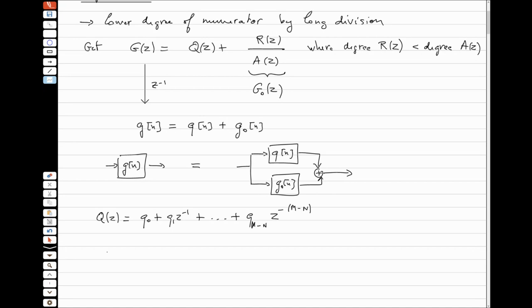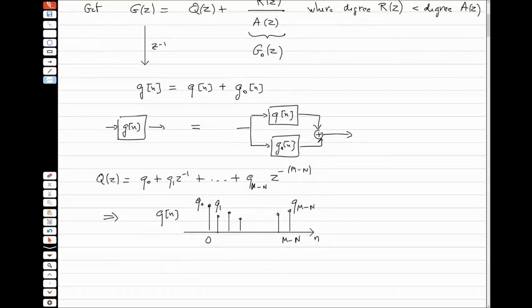And this implies that q of n is a finite sequence going from 0 to m minus n, where this is q naught, q1, etc. until q m minus n. And that, you know that a system of impulse response like that can be implemented by FIR system. FIR system implementation.